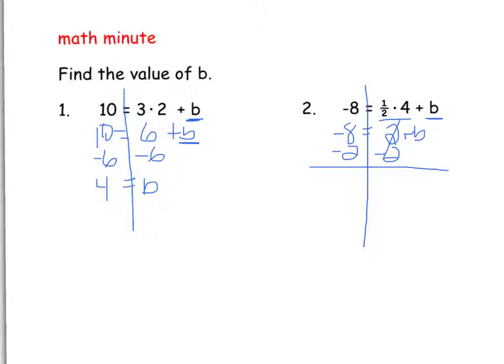So that cancels out. We're left with b. Now be careful. -8 minus 2. Many people put 6. Write it out if you need to. -8 minus 2. Keep, change, change. Now we have two negatives. -8 plus -2. If they're like signs, you add to get 10, and it is negative.